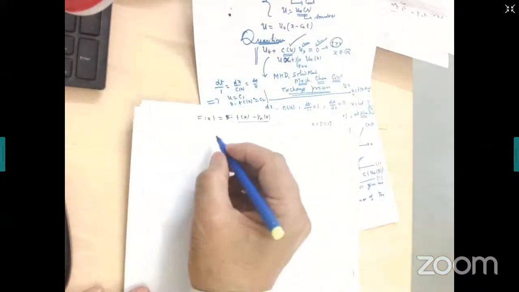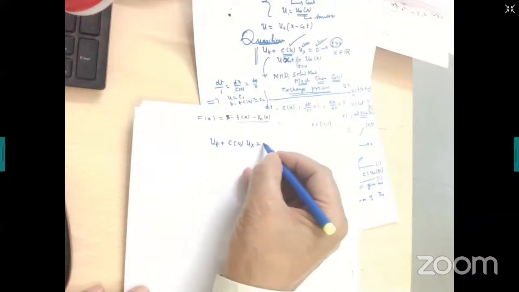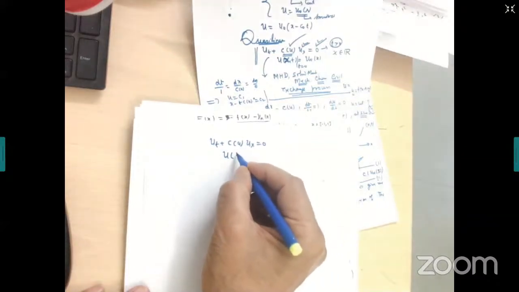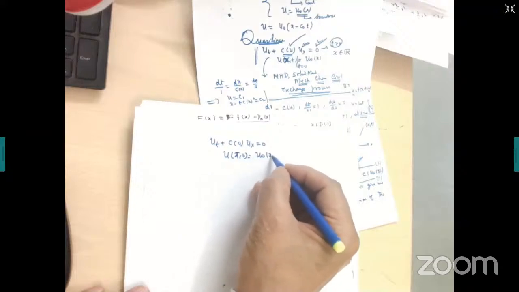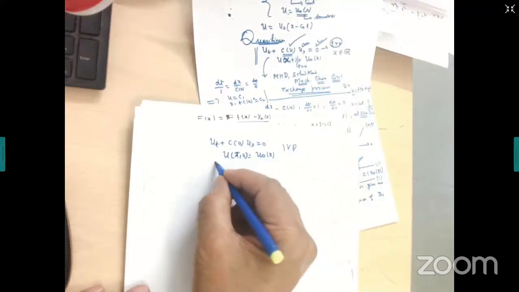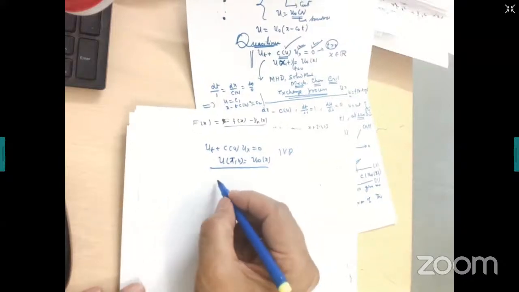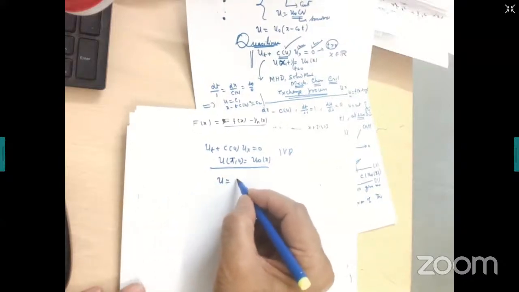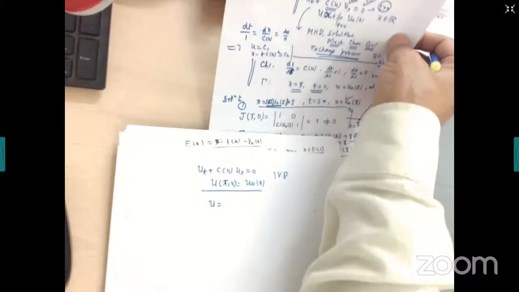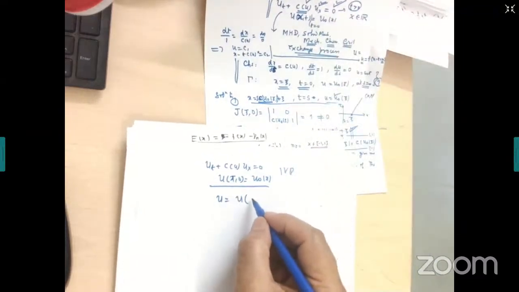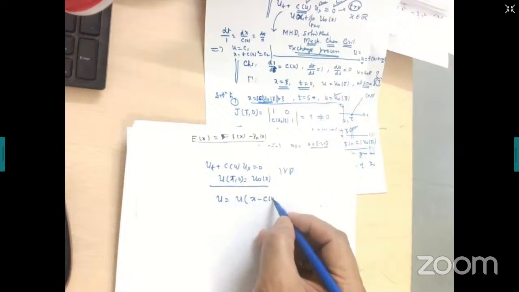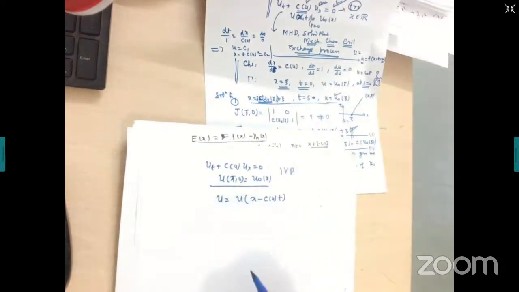This is u t plus c of u, u x is equal to 0, u at x, 0 is equal to u naught of x. This is your initial value problem, and we have obtained the solution that u is equal to u naught of x minus c of u times t.